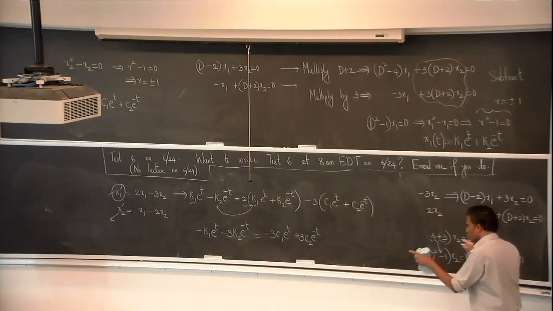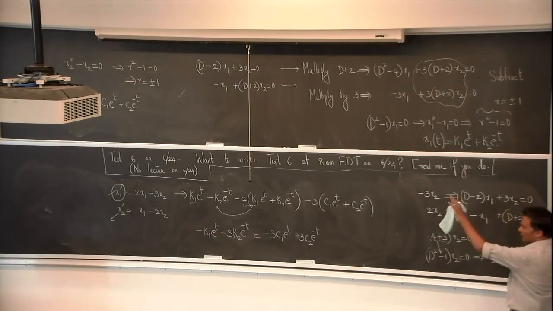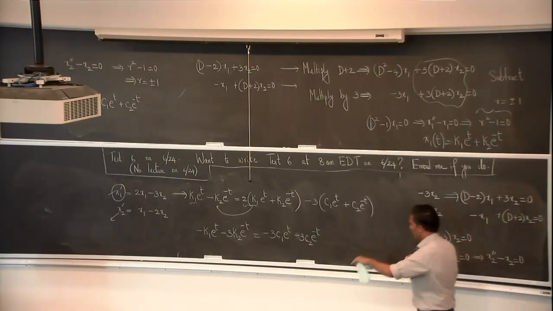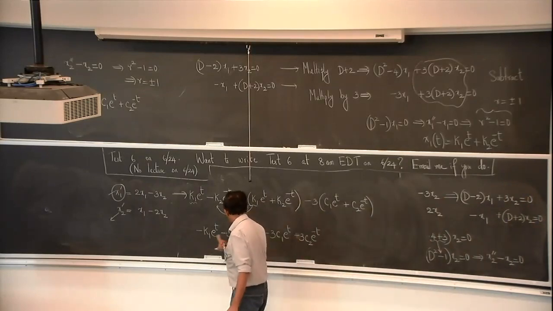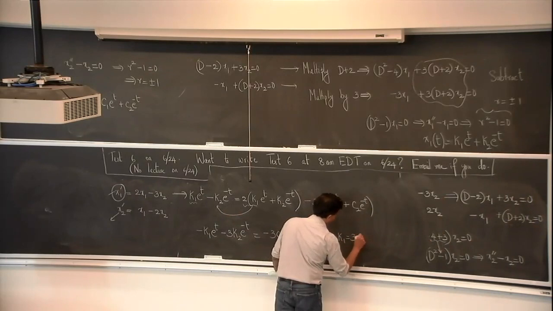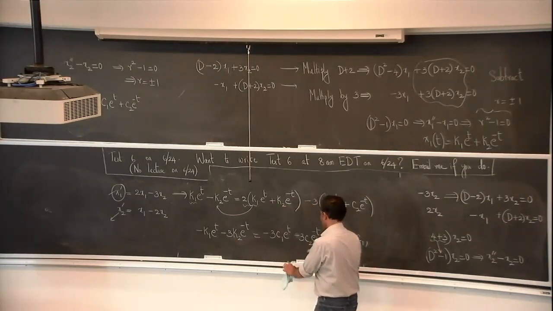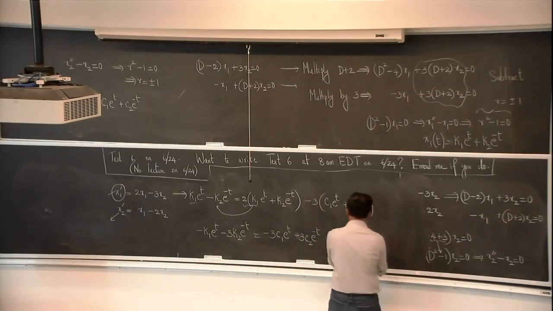That helps you make things compatible, because otherwise these are two different functions. If you compare the coefficients of the like terms, you get k1 equal to 3c1, and 3k2 is 3c2, so k2 is c2.